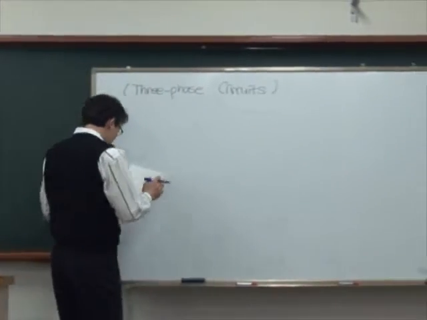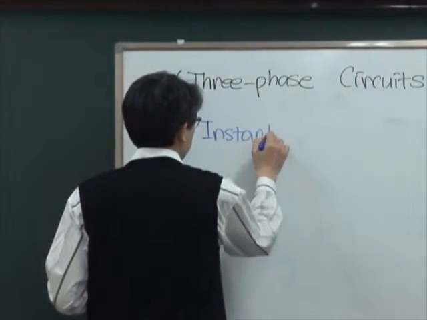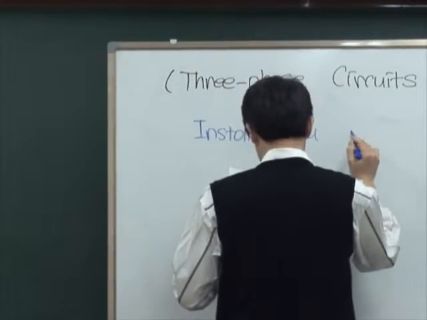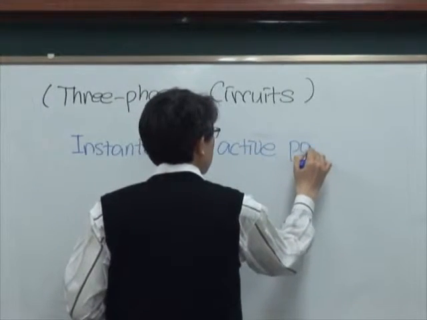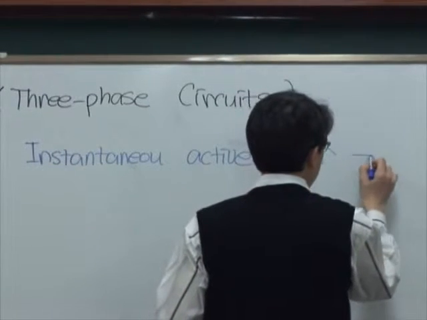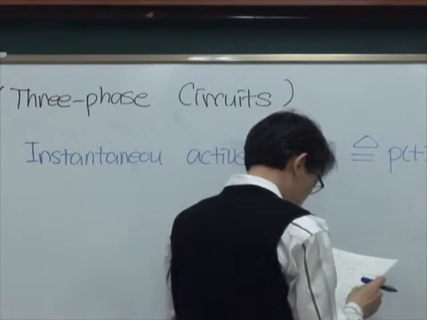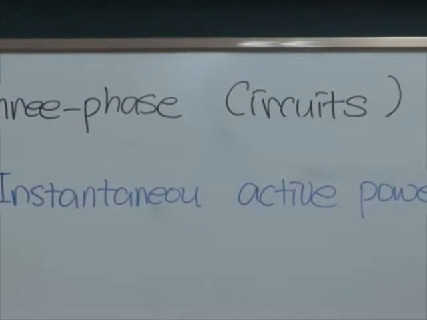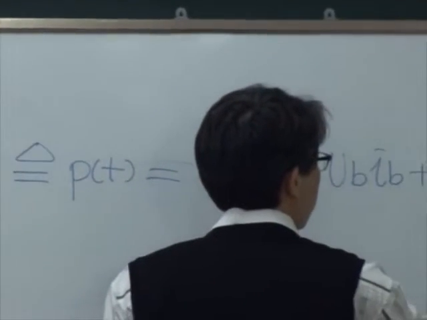What is the definition of instantaneous active power? P(t) is equal to VAIA plus VBIB plus VCIC.